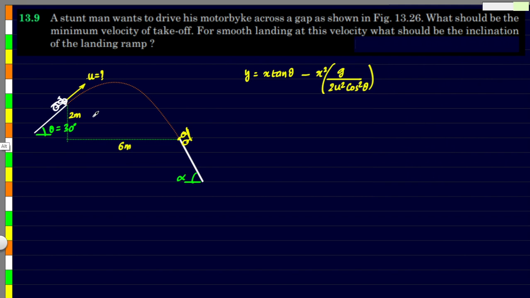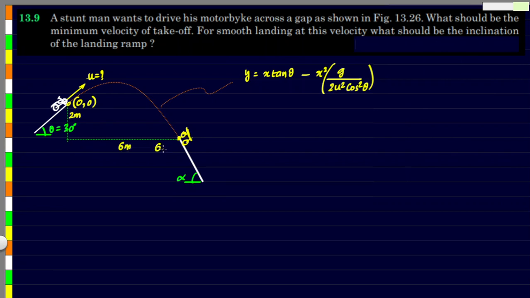We all know the relation for this particular thing. The relation is given by this particular equation, and in this we will have to feed the coordinates. So the starting point coordinate we will assume as 0, 0. Both x and y values are 0. The ending point coordinate, we can see from the diagram that downward direction is 2 and forward direction is 6.